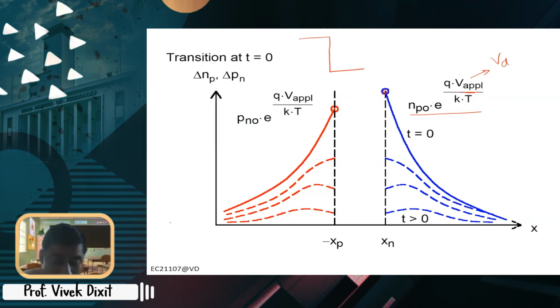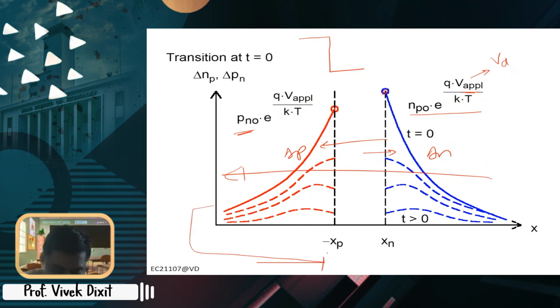When it was forward bias, current was flowing. So this is delta P. This is delta N. So these holes were coming from here. Electrons were coming here. So overall current flow was in right to left direction. And this was positive, right?